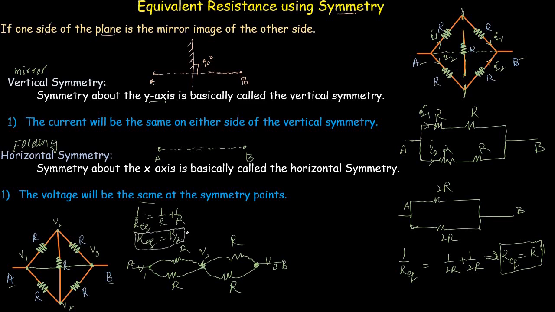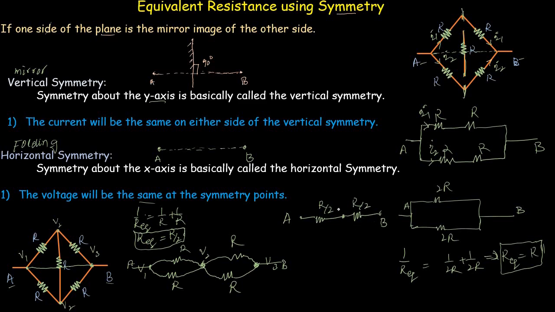We can replace these two resistors and these two resistors by their equivalent resistance, which is R divided by 2 for each pair, between point A and point B.